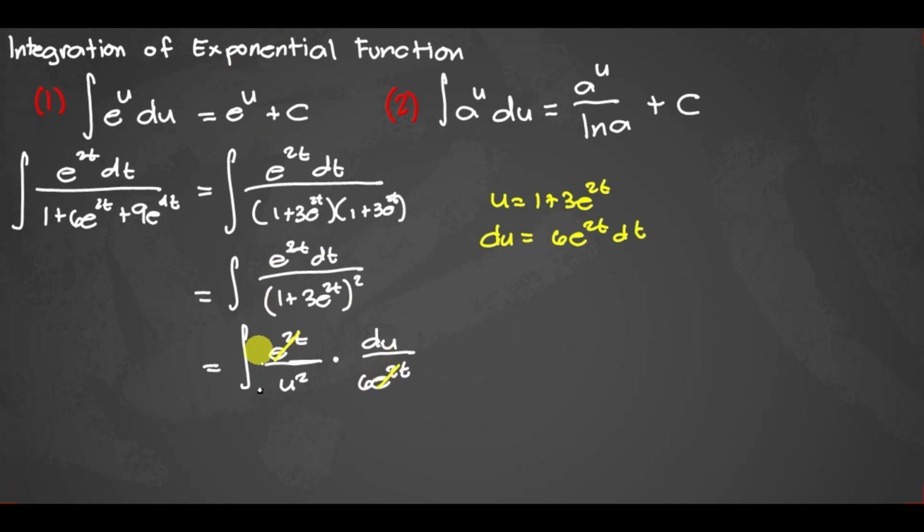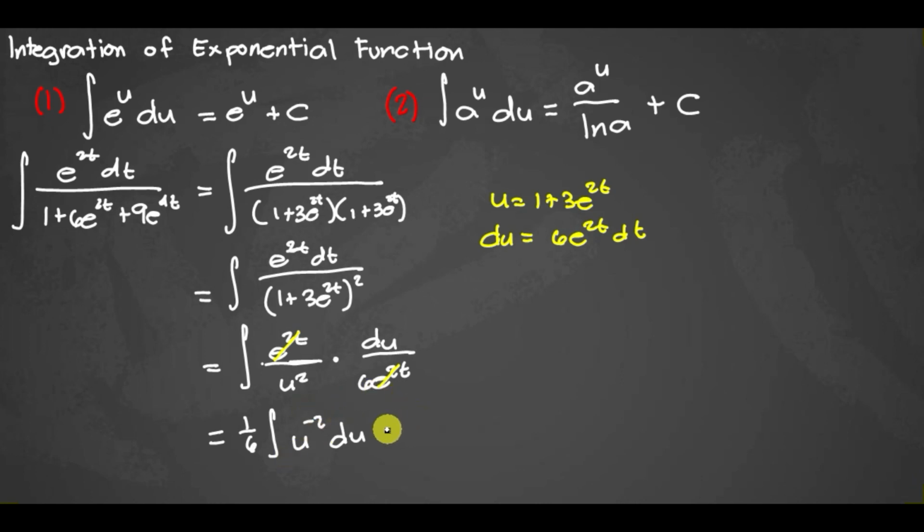Then we are left with 1 over 6, the integral of u raised to negative 2 du. This is true because our power is in the denominator, and if we take the power into the numerator, then we take the negative of our power.